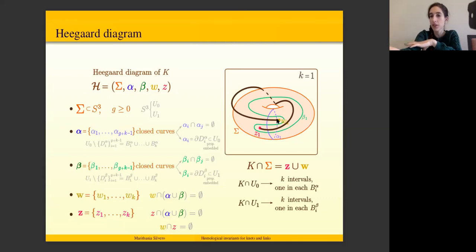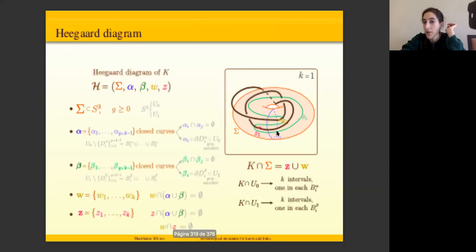Now I'm inside, I'm in U0. And now I do the same, but now the curve that I cannot cut is alpha 1. So now I am here. Since I'm inside, I go down. I continue. Since I'm inside, this part is closer to my eyes, so this is like that, till you reach Z1.